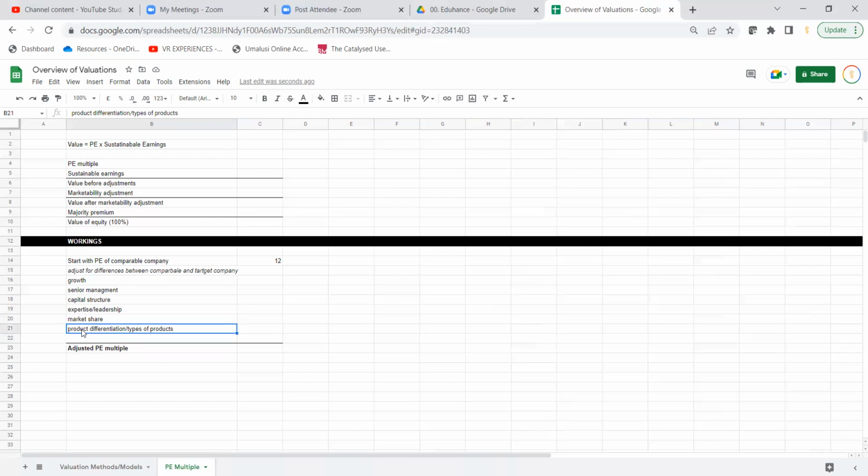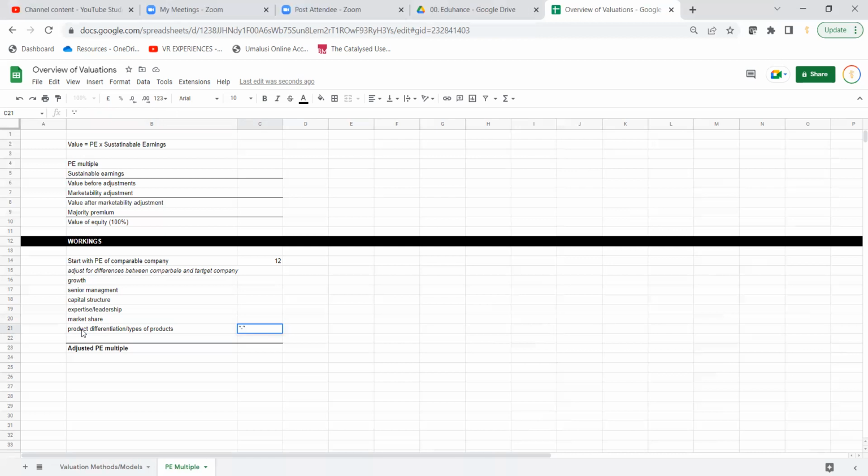As you can see, your company has less variety, or fewer markets, relative to the other company. That is typically a negative aspect, because the other company is in more markets relative to you, so their growth potential is better. So if you have fewer products relative to them, you'll just put a minus.